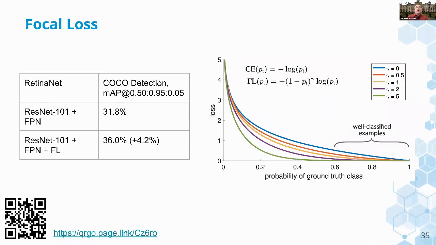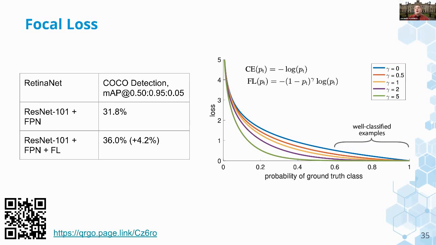So the idea behind focal loss is the following. All images contain only a small fraction of ROIs that really contain some object, and the vast majority of ROIs generated by the RPN contain background regions which are easily classified by our detector.